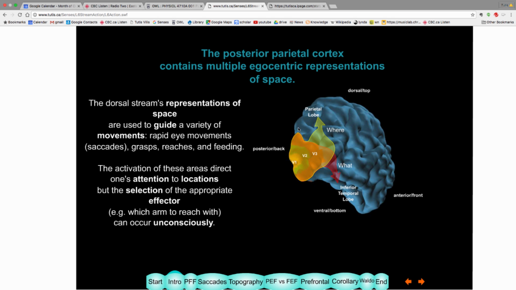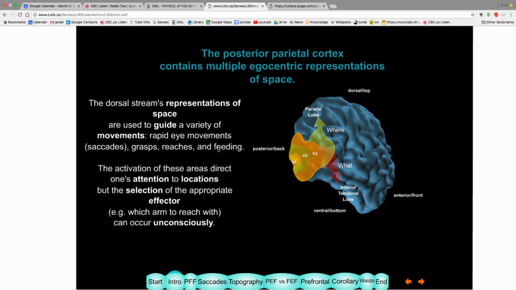This area here that we're looking at today is involved in guiding all kinds of movements. They're the movements of the eye. Ones we'll be interested in are called saccades, because they're very fast movements of the eye. Also grasps and reaches. Now grasps and reaches are different because in grasping you actually put your hand around the object, where a reach is sort of more of a pointed movement.